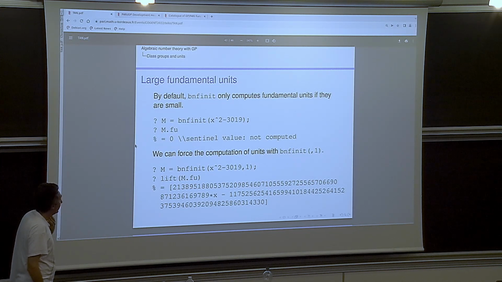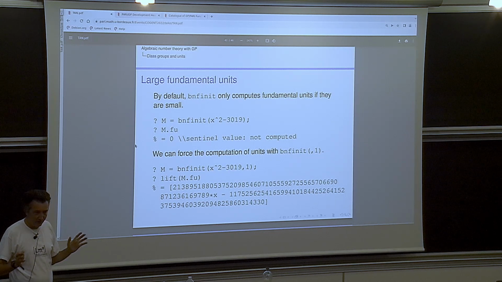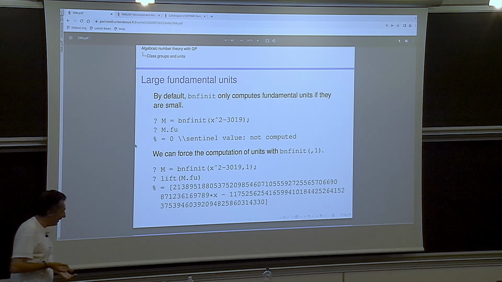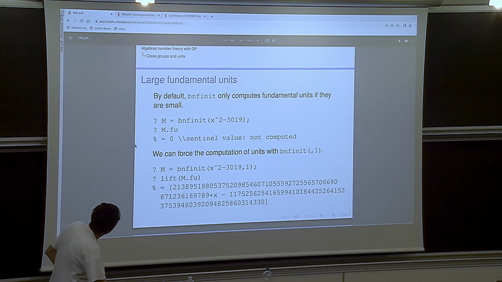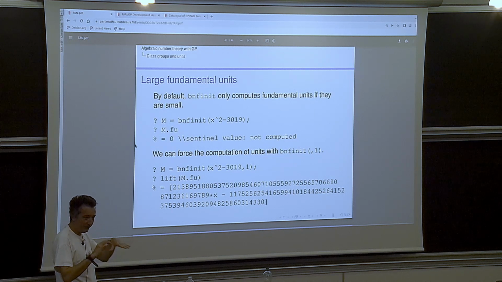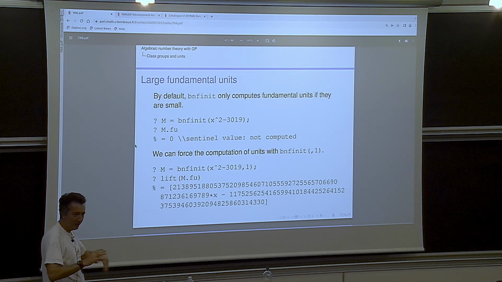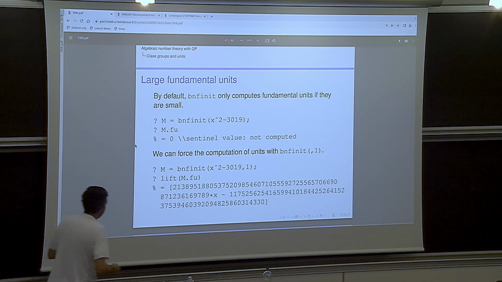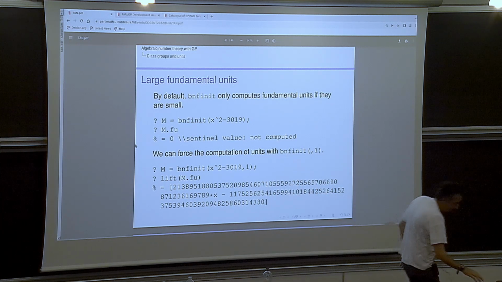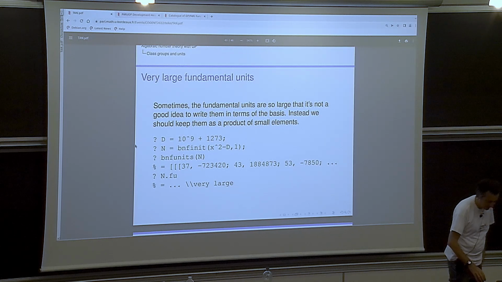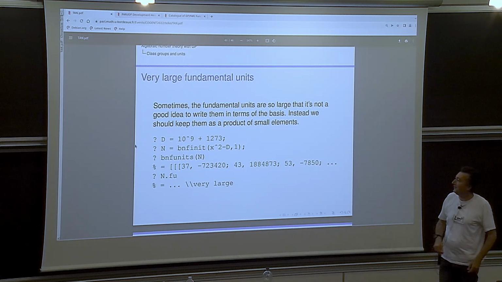Most of the time you don't need to write down bnf.fu. I mean, you don't need to know what the fundamental units are, because usually they would fill hundreds of screens and be meaningless. But they are stored in compact form as a product of S-units, so you can still work with them without ever having to compute the algebraic representation. This is another example where it would work.